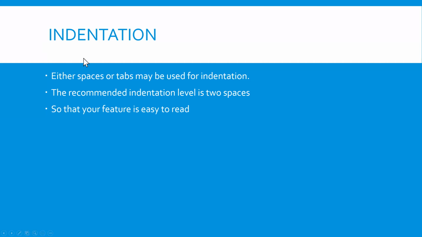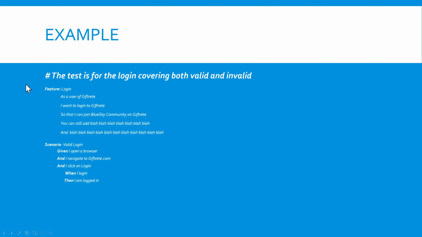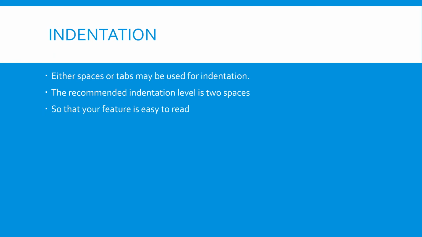The next one is indentation. It is recommended that you indent your feature files, as you can see I have done, but it is not mandatory. It is only recommended so that it's easy to read. You can put a tab or a space on it.